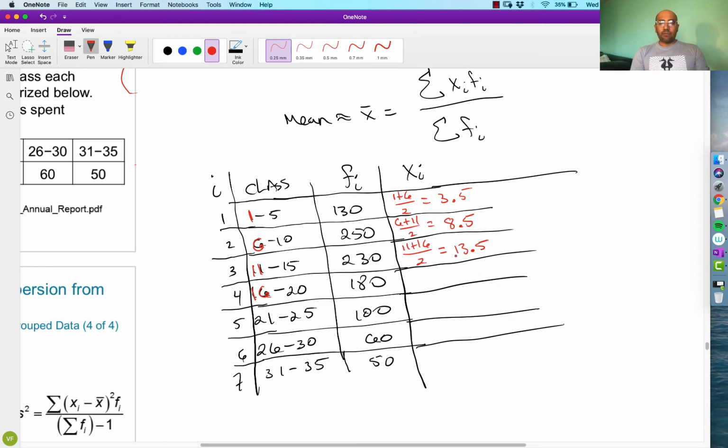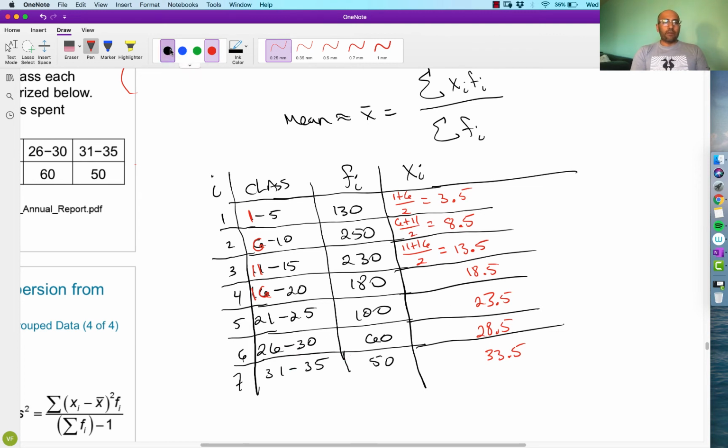Okay, so we start to see a pattern. The next one is going to be 18.5. The next one is going to be 23.5. The next one is going to be 28.5. And the next one is going to be 33.5. Right, so just kind of establishing that pattern and then just double check that it makes sense that the 33 lies somewhere in the middle there. The 28 lies somewhere in the middle there.